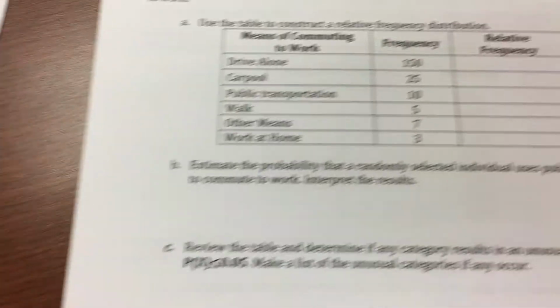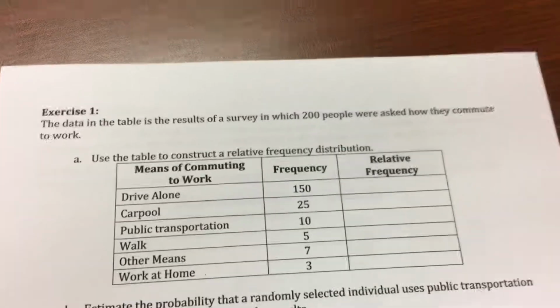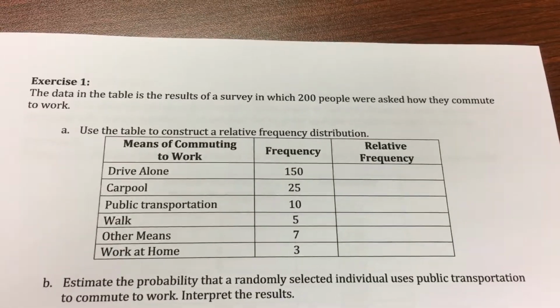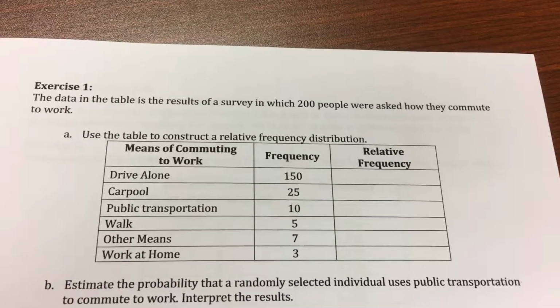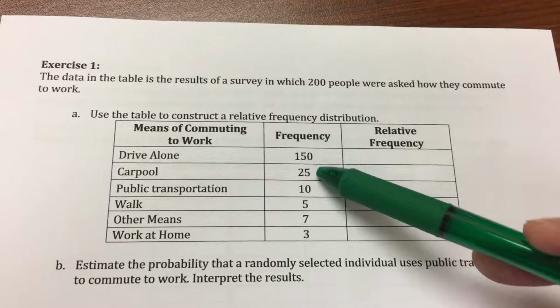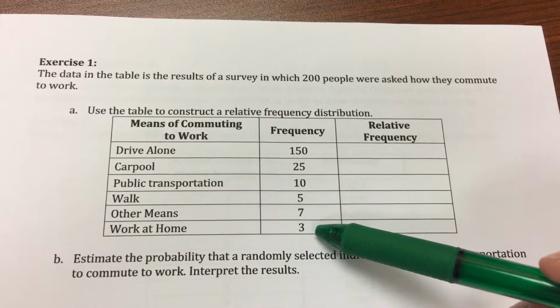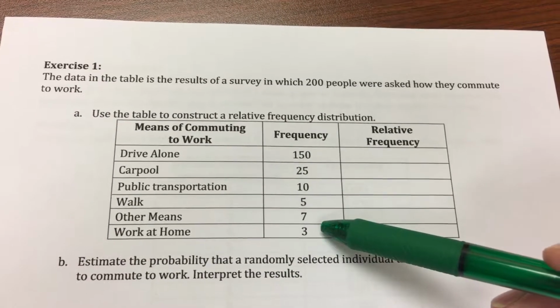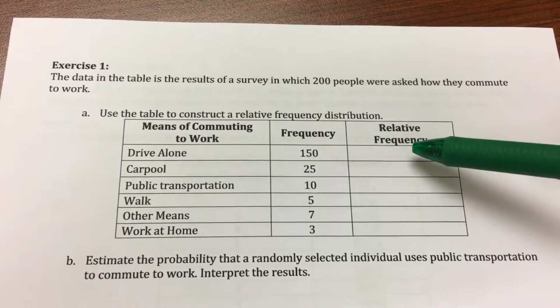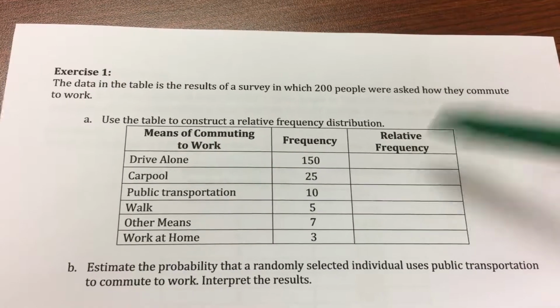The next thing is, we've used this as we've gone along in the course, is they're wanting you to convert from frequency to relative frequency. And we've done this many times. Remember, you're going to find the total of your frequencies. That'll be your total. And then to find the relative frequency, you're going to take your amount divided by the total, and you're going to write it down.